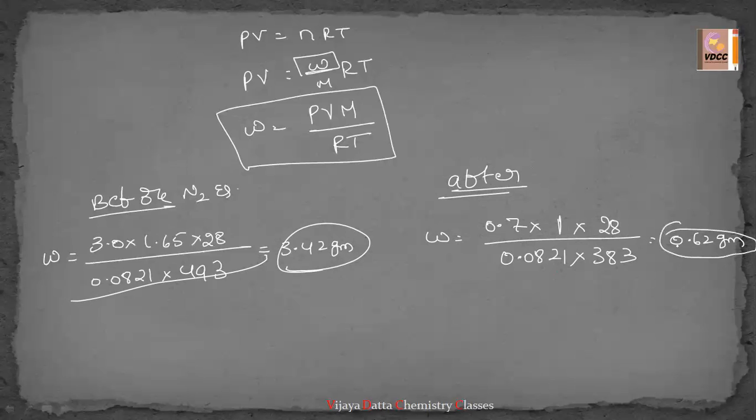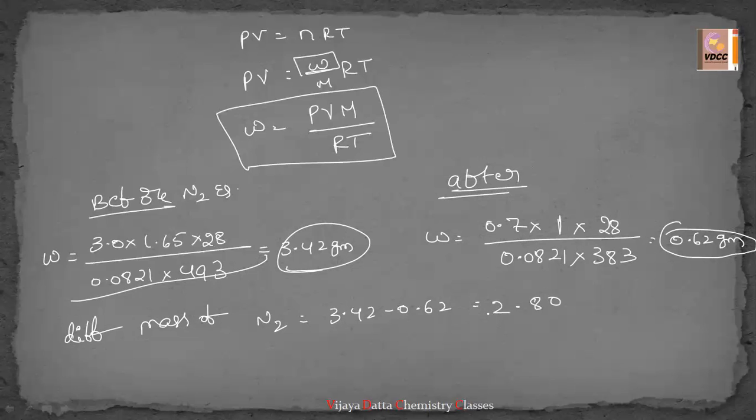If we get the difference, we can calculate how much mass escaped. So first we'll get the difference in the mass of nitrogen: 3.42 before minus 0.62 after, so 2.80 grams is the difference.